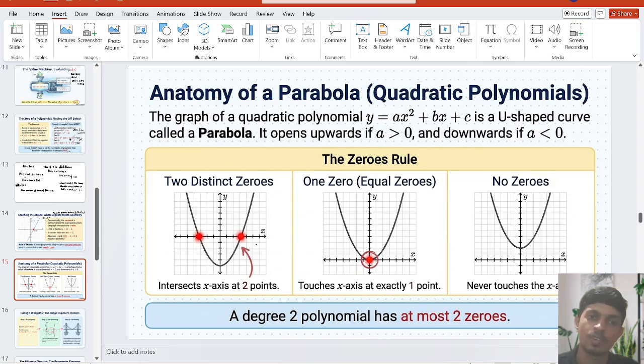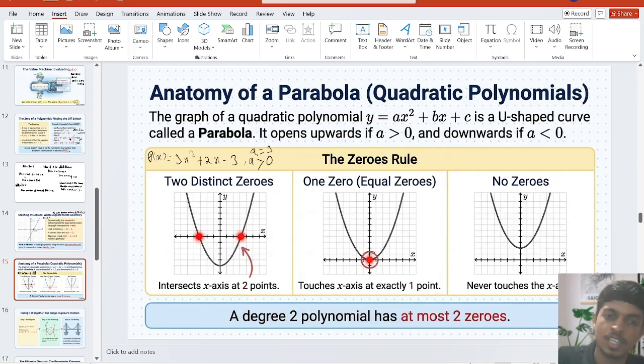As you can see, for example, suppose P(x) is equal to 3x square plus 2x minus 3. Here a is equal to 3, it is greater than 0. Its graph looks like that.